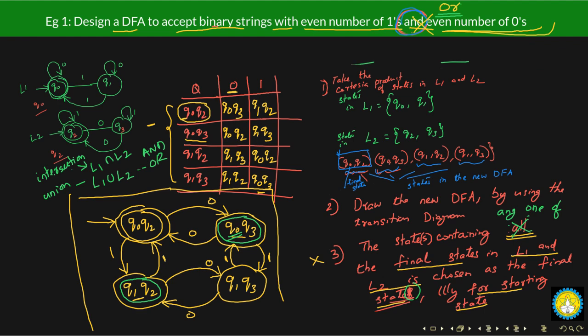Now this question was about designing a DFA to accept binary strings with an even number of ones and an even number of zeros. This question can be asked in many different ways.